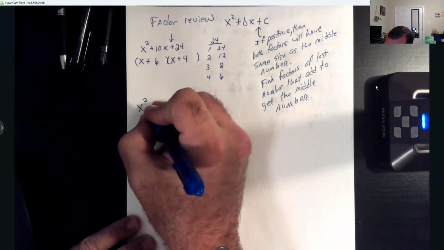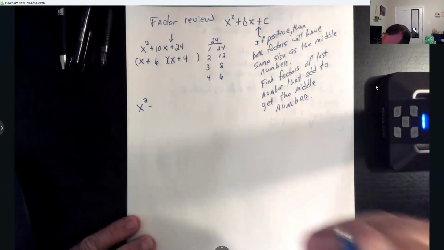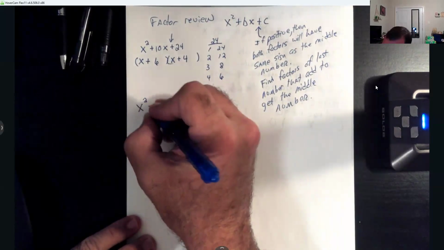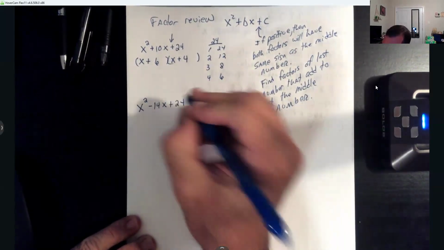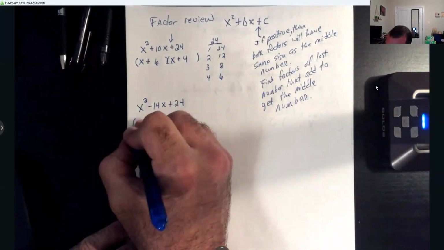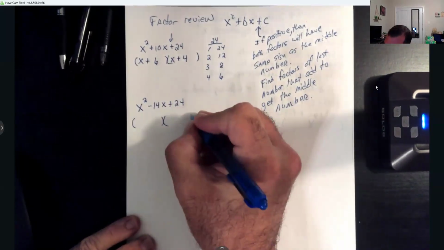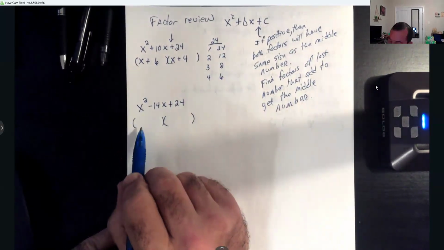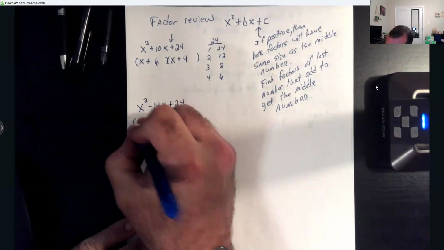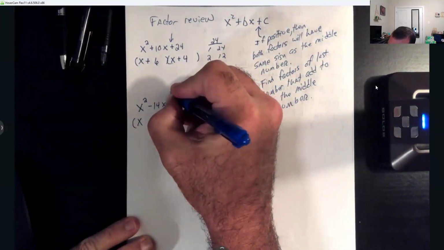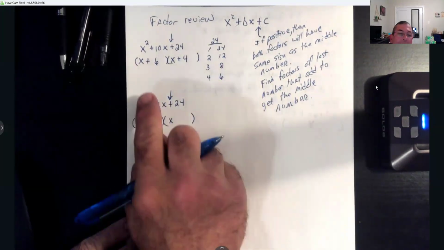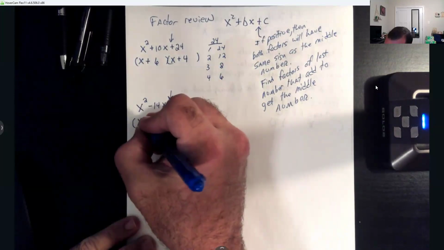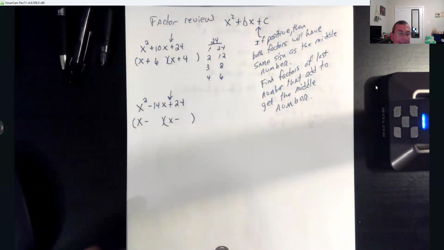X squared minus 14x plus 24. Y'all, the x squared is still an x and an x. This last number's positive. So both of my factors will have the same sign as the middle number. So they're both going to be negative.